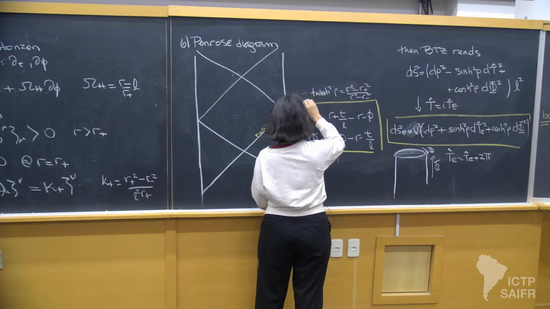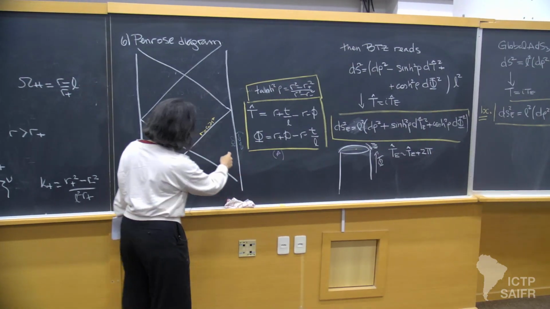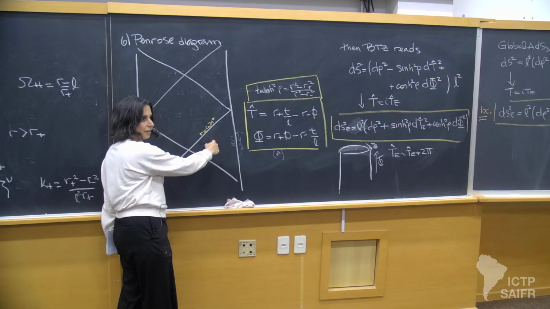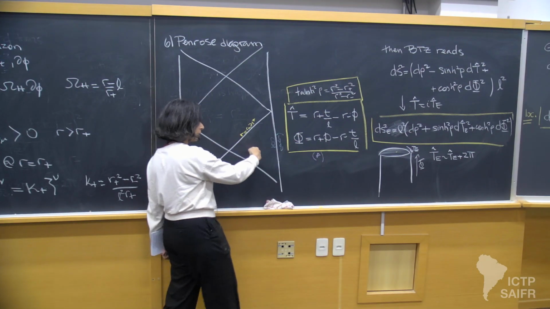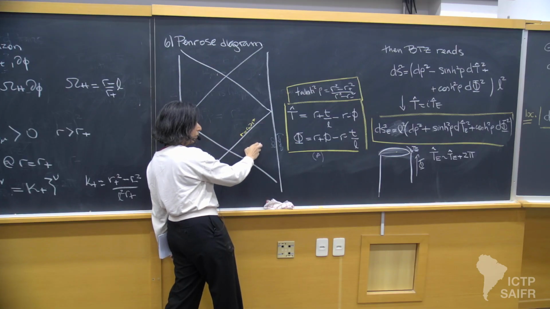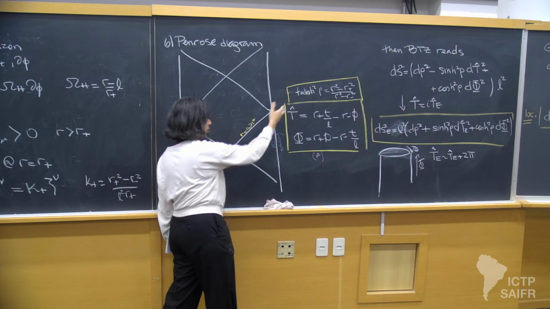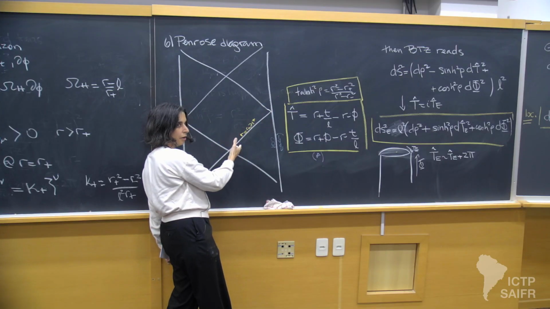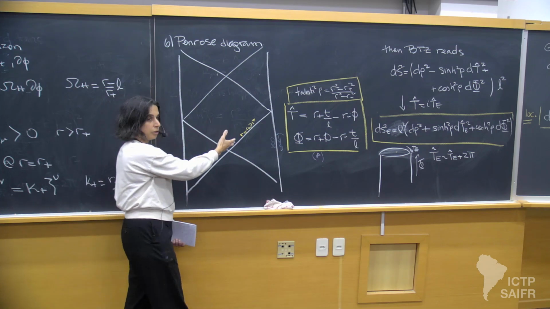So this coordinate transformation is actually only valid inside of this patch. What I did from the Lorentzian point of view was to tell you how this patch was locally related to global AdS₃. But the coordinate transformation breaks when I get to r equal to r₊. Of course, the geometry from the Lorentzian point of view clearly continues.